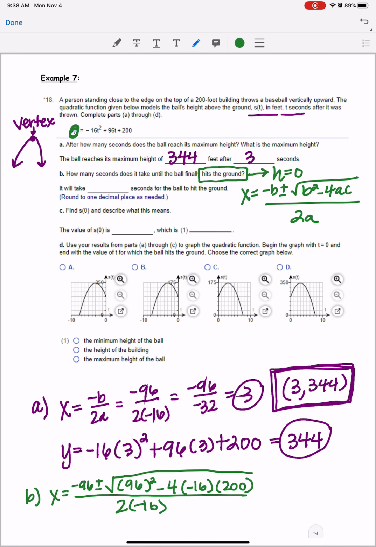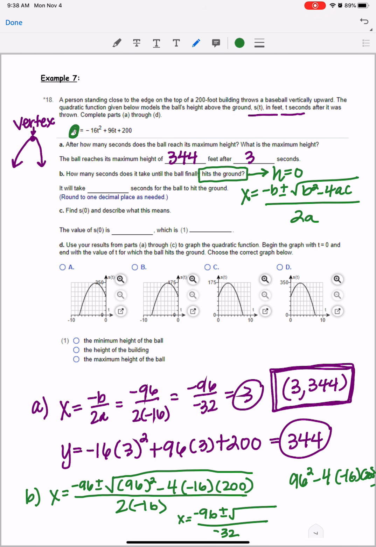Okay, so I've got negative 96 plus or minus the square root of something all over 2 times negative 16, which is negative 32. So you're putting in your calculator 96 squared minus 4 times negative 16 times 200.